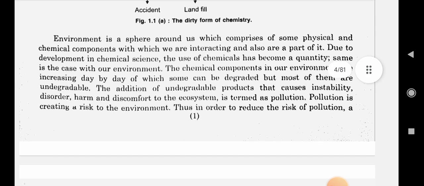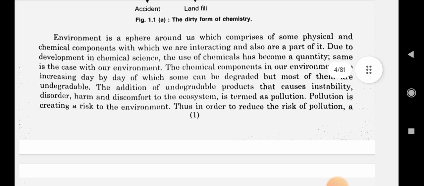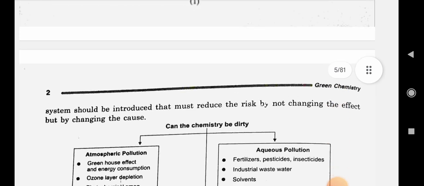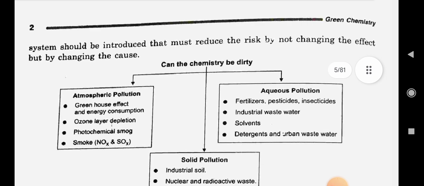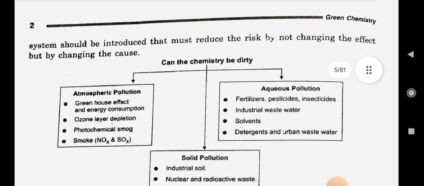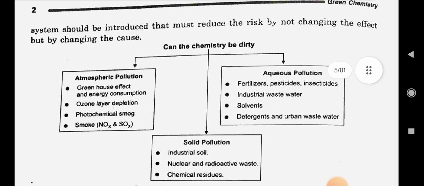The addition of undegradable products that causes instability, disorder, harm, and discomfort to the ecosystem is termed pollution. Pollution is creating a risk to the environment. Thus, in order to reduce the risk of pollution, a system should be introduced that reduces the risk not by changing the effect but by changing the cause.